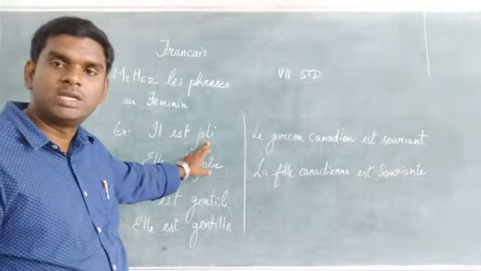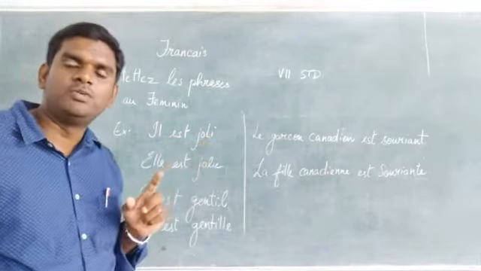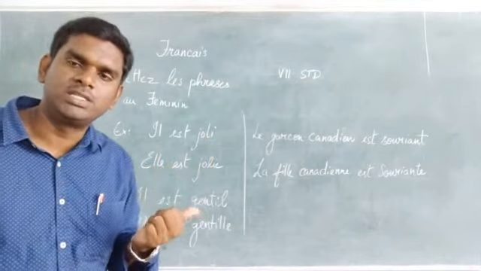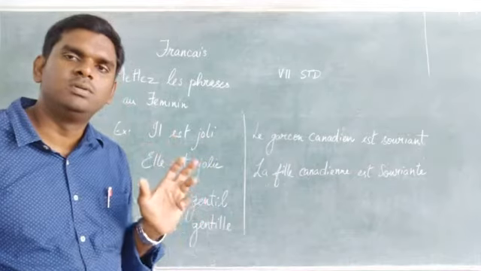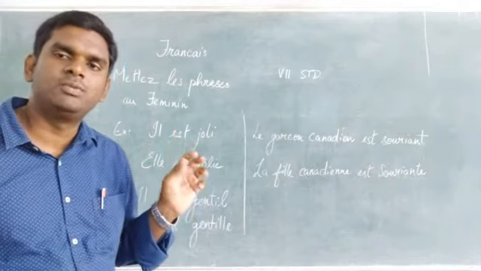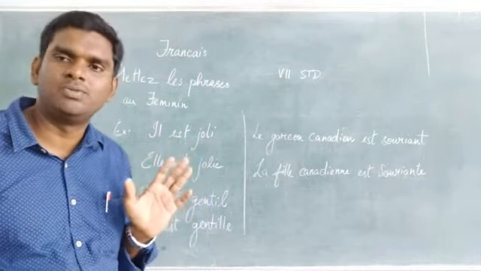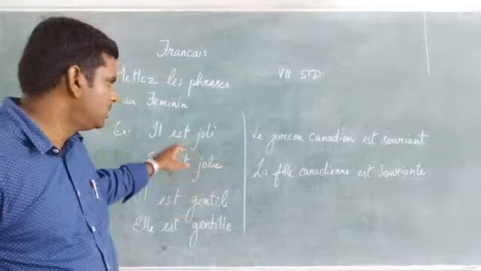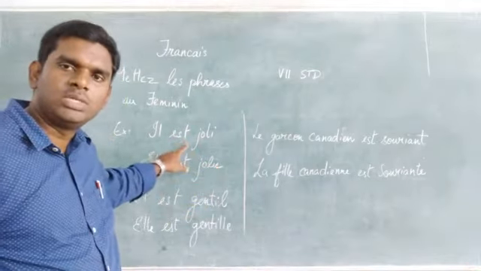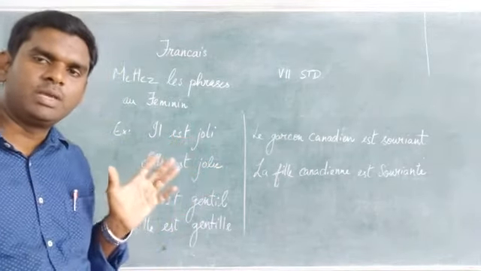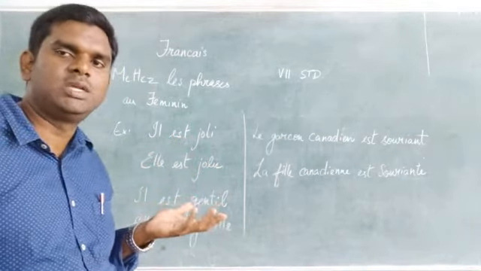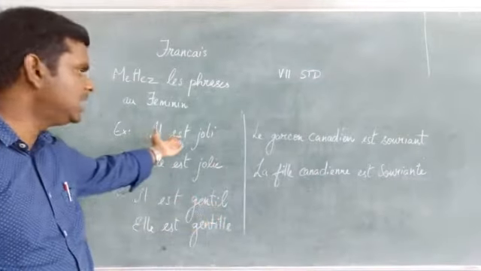Here comes the adjective. The rule which I said in the screening method is, whenever there is an adjective, before the adjective, 99% it will be the verb être. Why? Because only using the verb to be can we make a sentence using the adjective. So, il est joli.